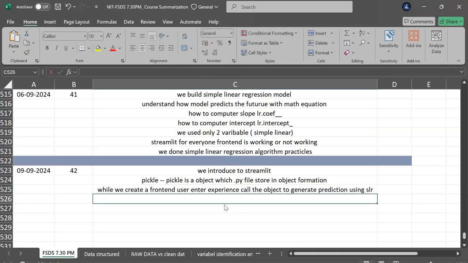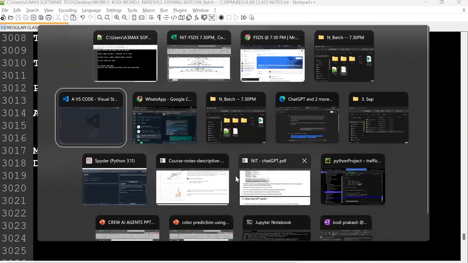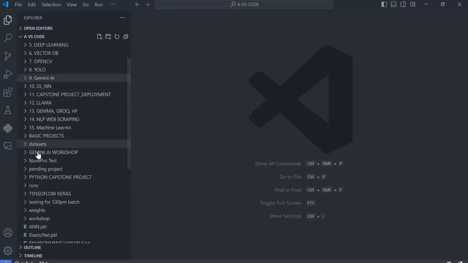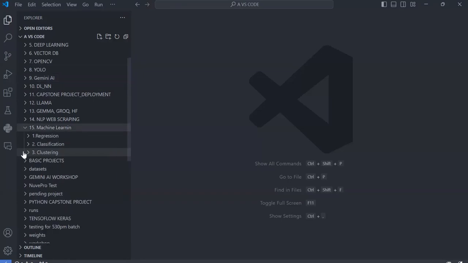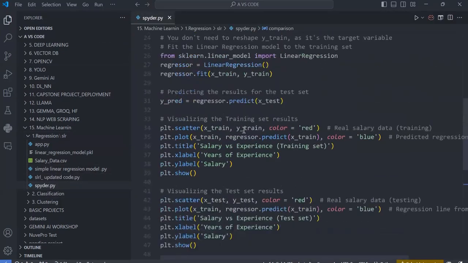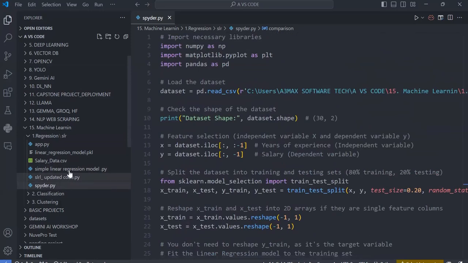Okay, so pickle we are done, and just go here and then machine learning. In this machine learning regressions, and I have here, okay, so not this one.